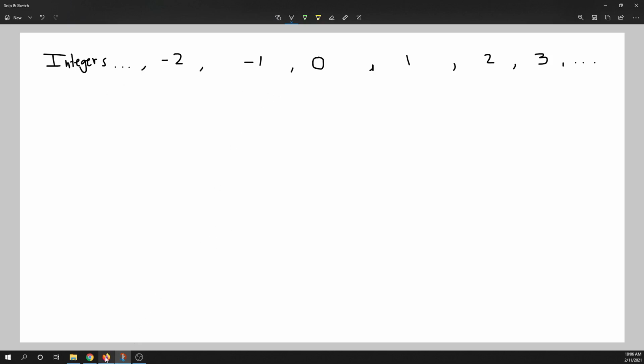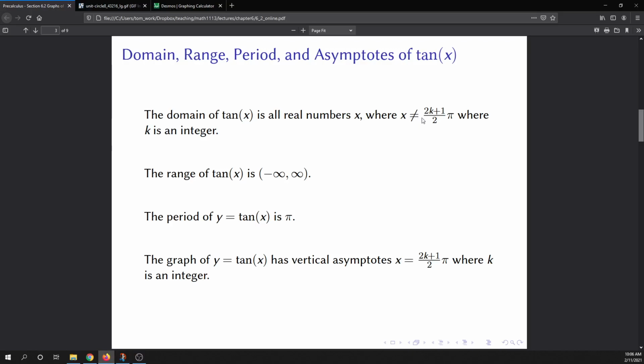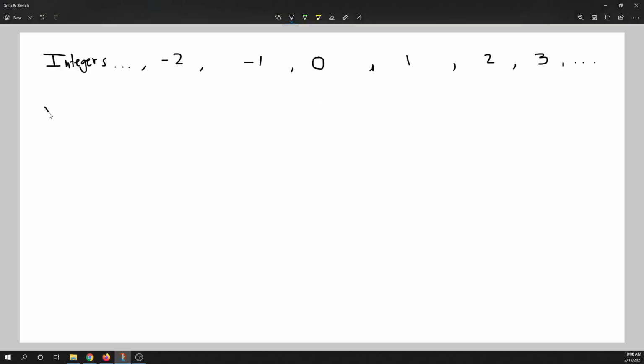And then you're given this little formula here: x is not equal to (2k plus 1) over 2 pi. Okay, and so that little formula will tell you a point that's not in the domain corresponding to each one of these integers.